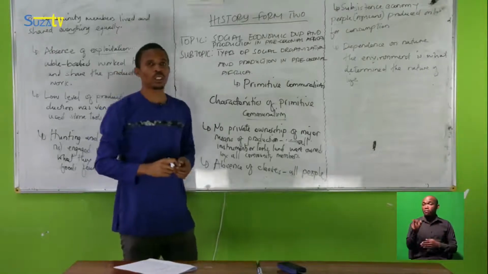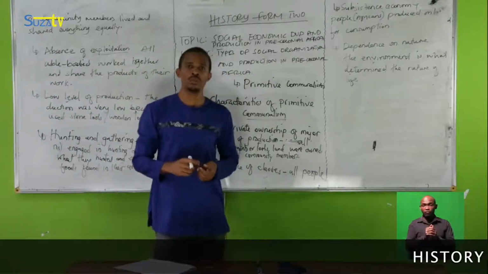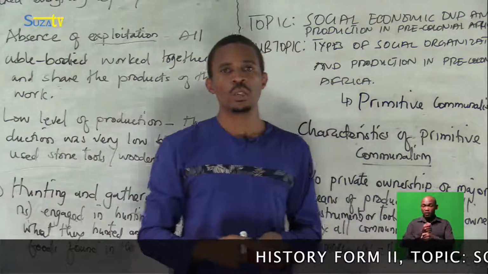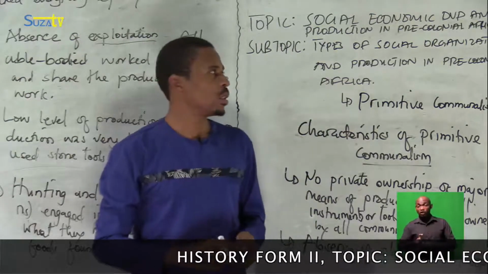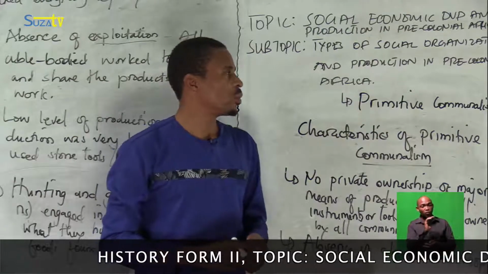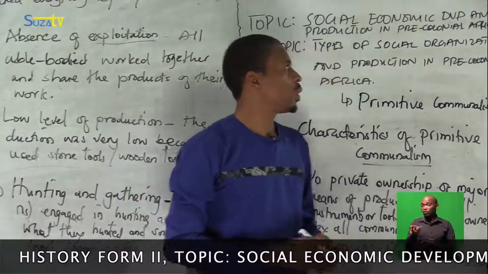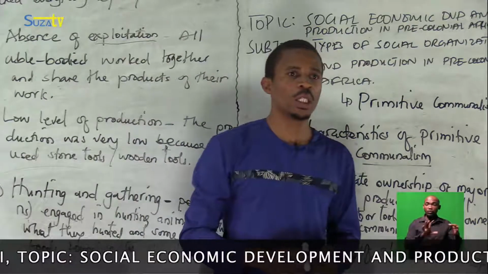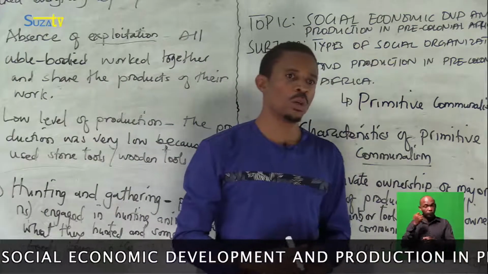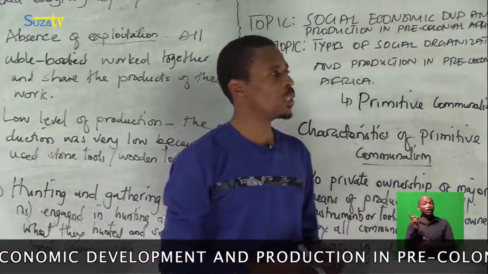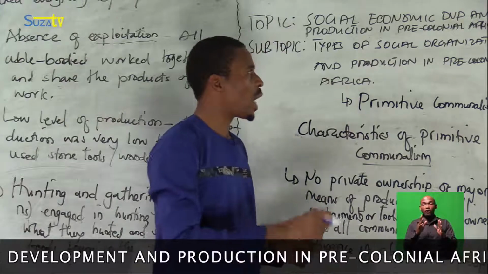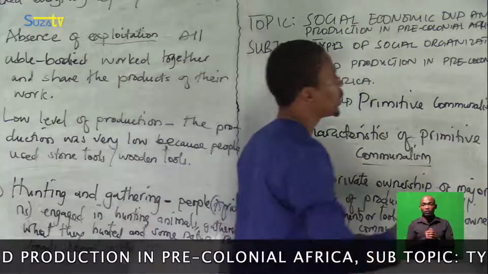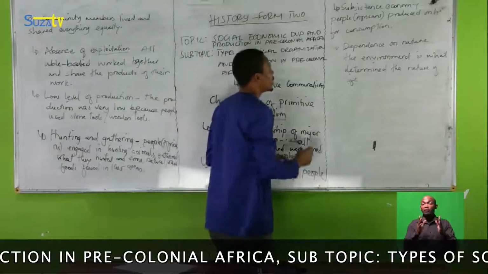For example, nowadays, people who live near coastal areas, their economic activities are fishing and marine transport. Also, people who live in the areas where minerals are found engage in mineral extraction. This is what we call depending on nature. You live according to the nature of your surroundings.